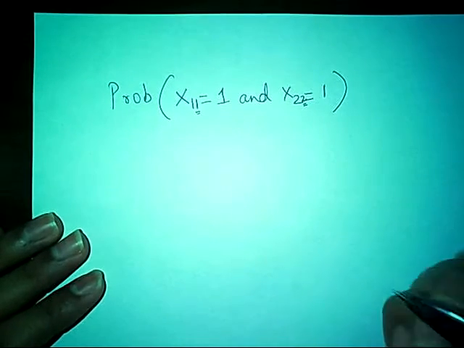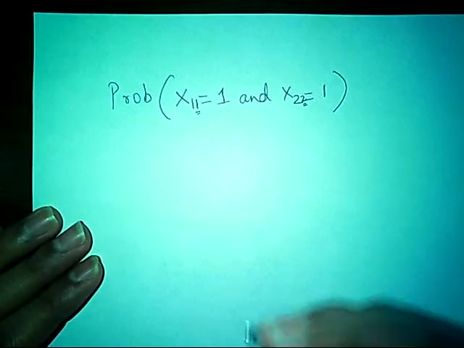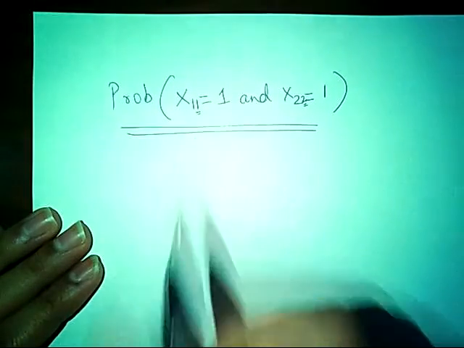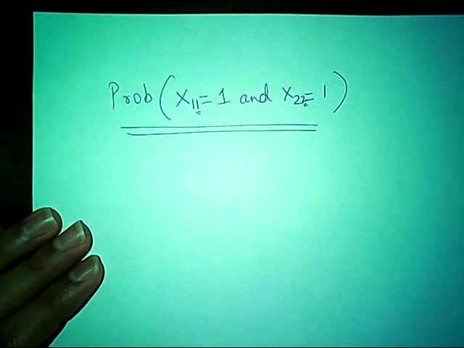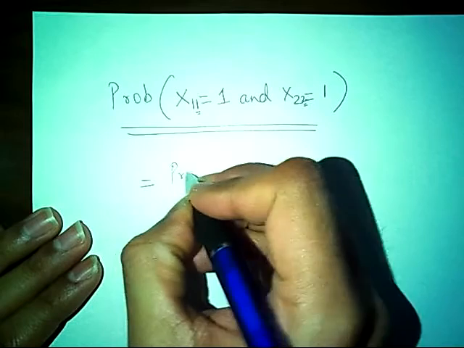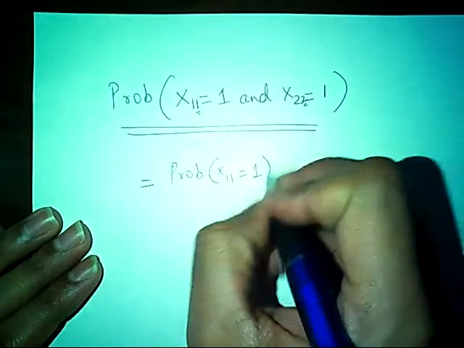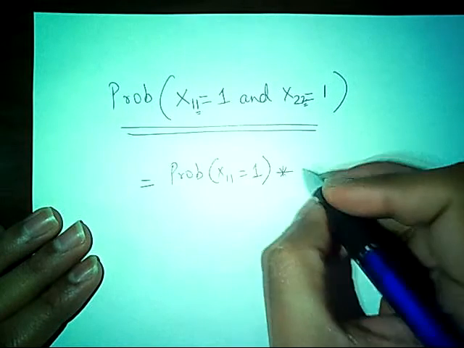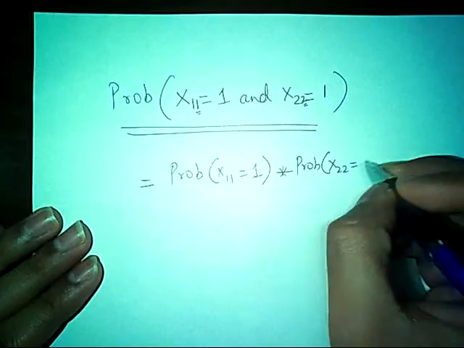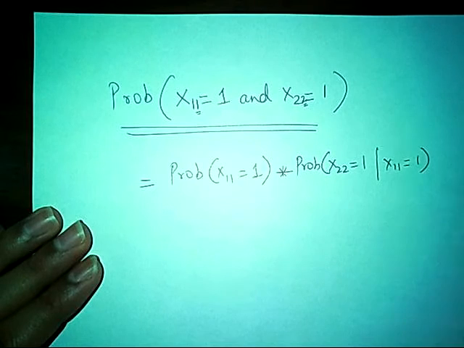By Bayes' theorem, what we actually can calculate is joint probabilities like this. A probability like this, where you want to calculate the probability with which two events would occur, would be given as probability that x11 would be 1 multiplied by the probability that x22 would be 1, given that x11 is 1.